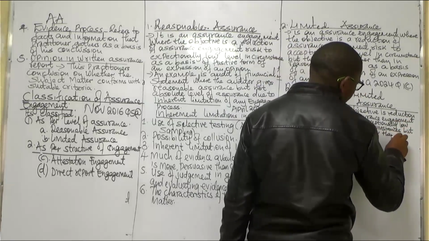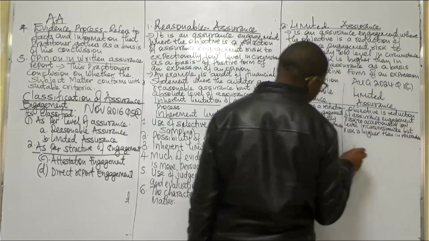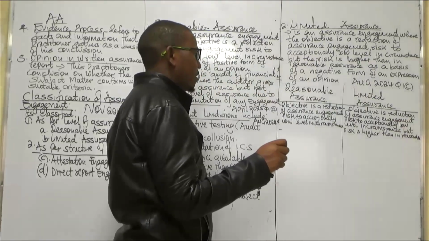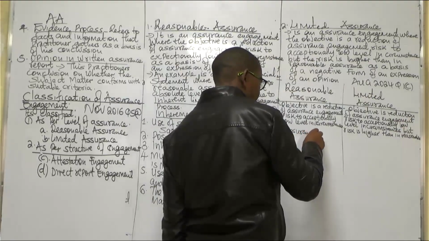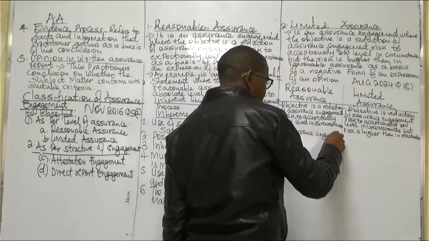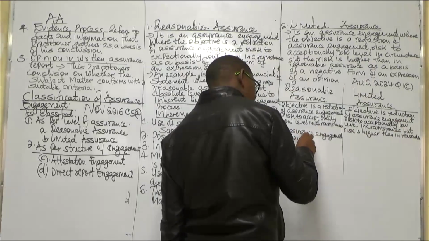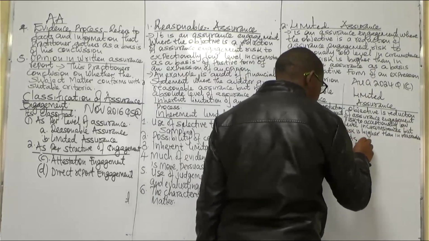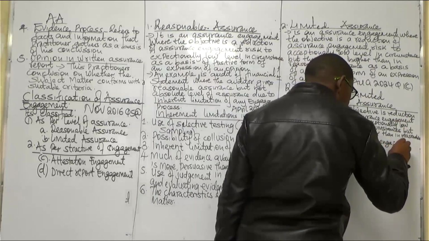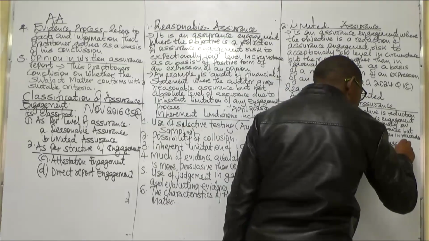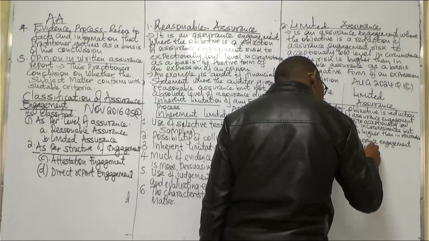And reasonable. That is by definition. Number 2, assurance engagement risk here is lower. Here the assurance engagement risk is high.